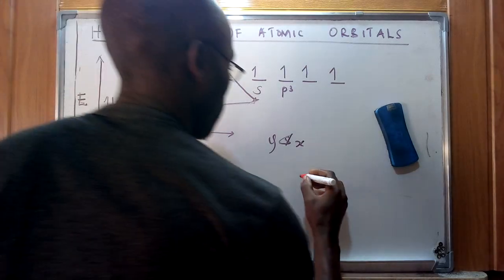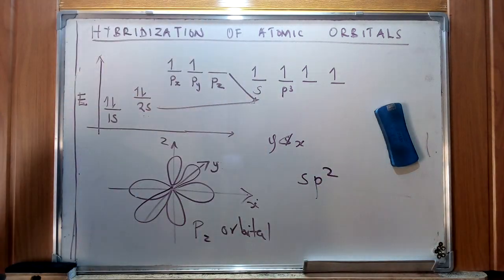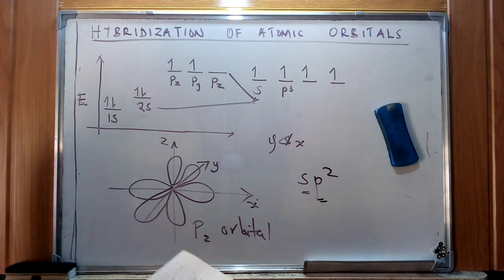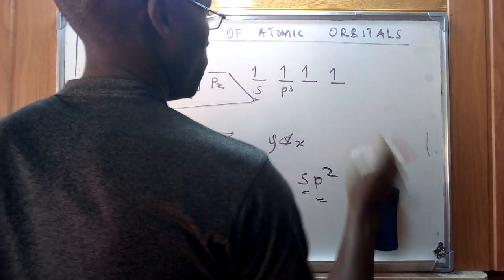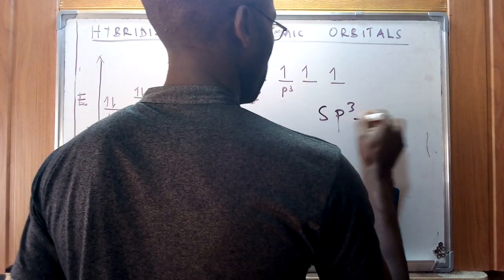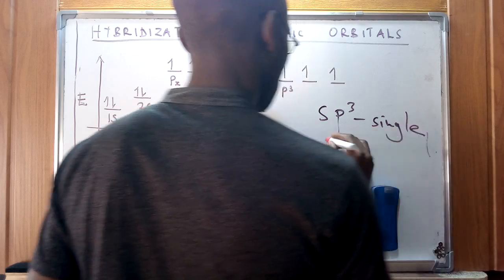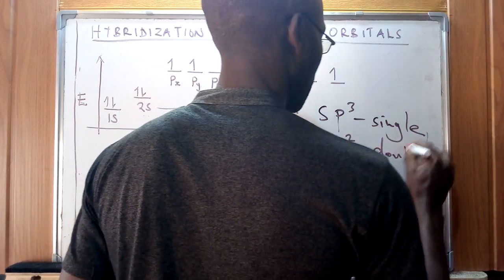Therefore, we're going to have the sp2 hybridized, which means an orbital from the s and two orbitals from the p are going to be mixing up to form the sp2 hybridized orbitals. As we had said, the sp3 hybridized orbitals result in the formation of single bonds. The sp2 hybridization results in the formation of double bonds.